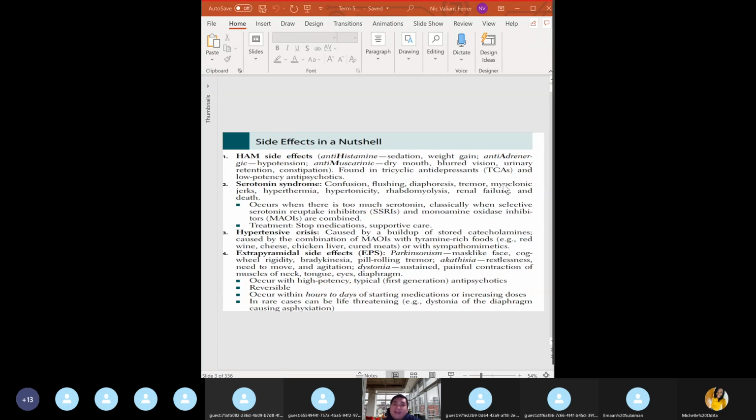Contrast that with bradykinesia, which is characterized by what? Decreased or slow body movement. Contrast that with tardive dyskinesia. What is this? Characterized by grimacing and tongue protrusion. So you need to know your kinesias.